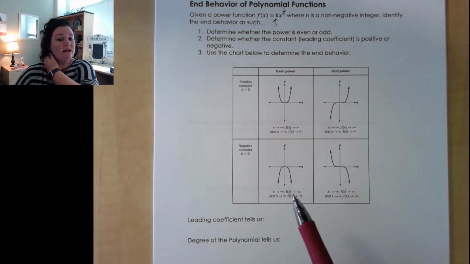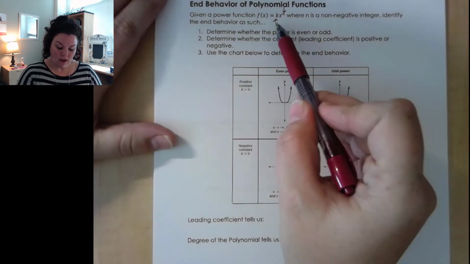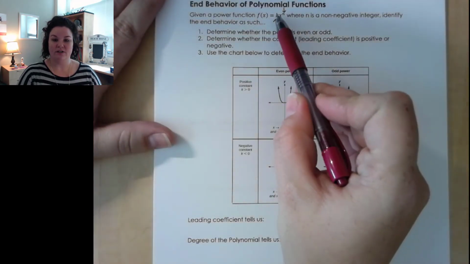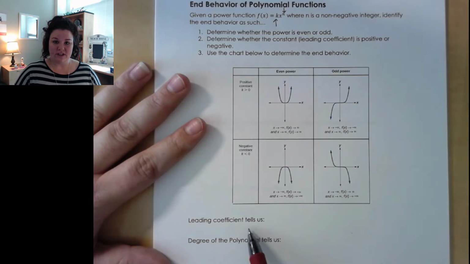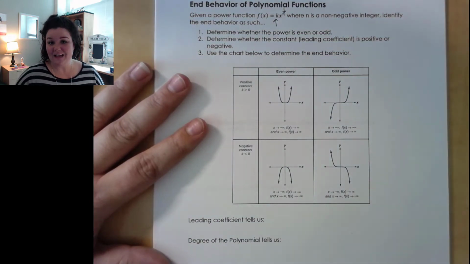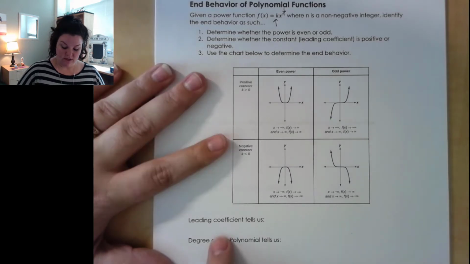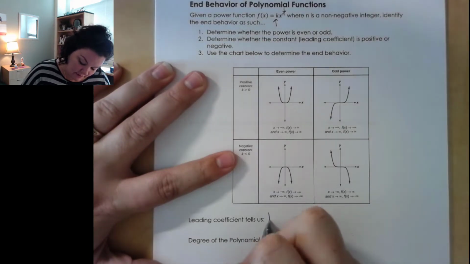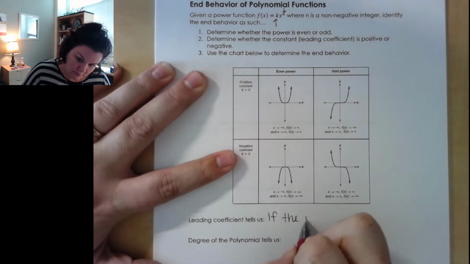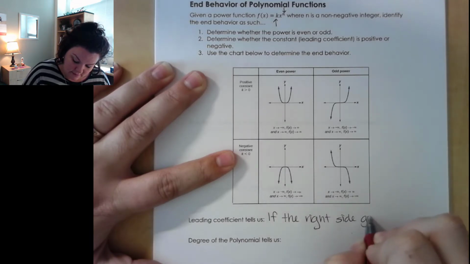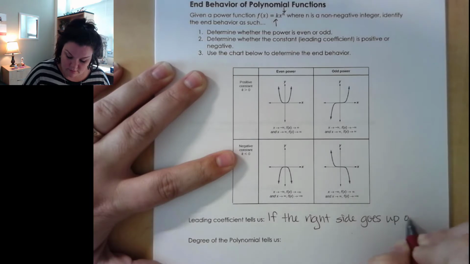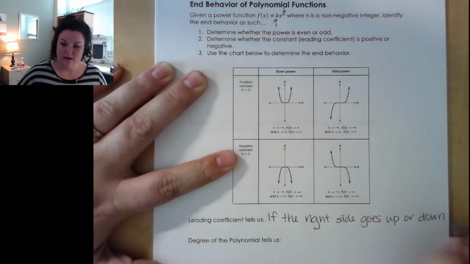When we look at end behavior, the first thing we look at is our leading coefficient. Whatever number is in front of our highest power of x, that's our leading coefficient, and the leading coefficient tells us whether the right side of the picture goes up or down.